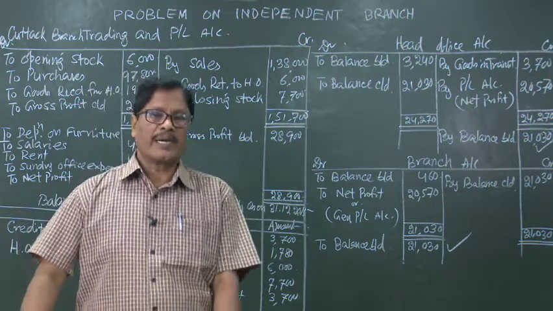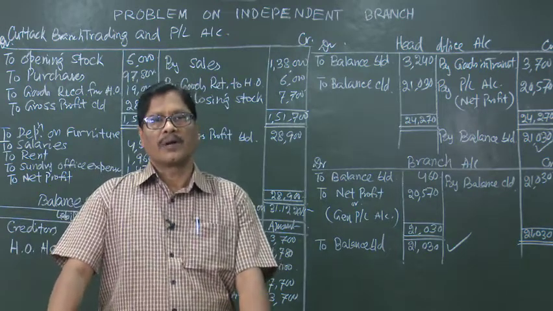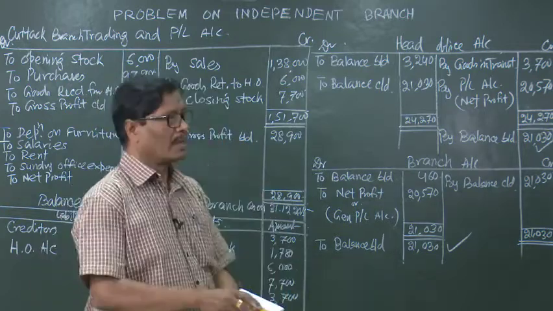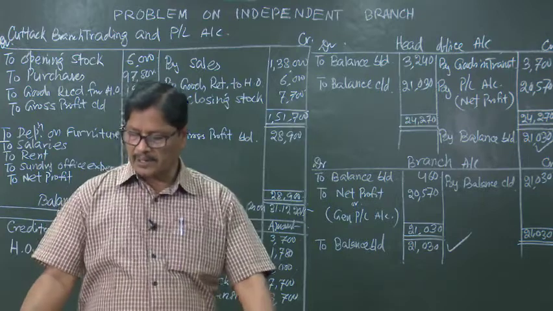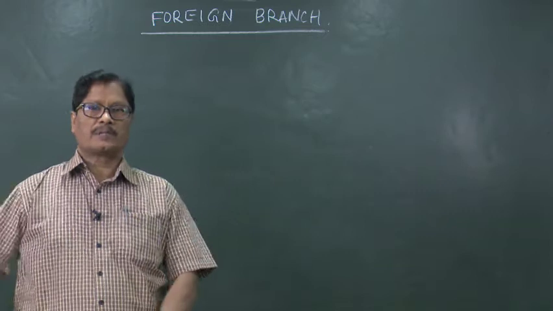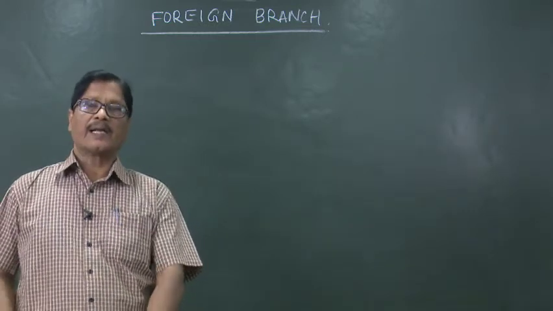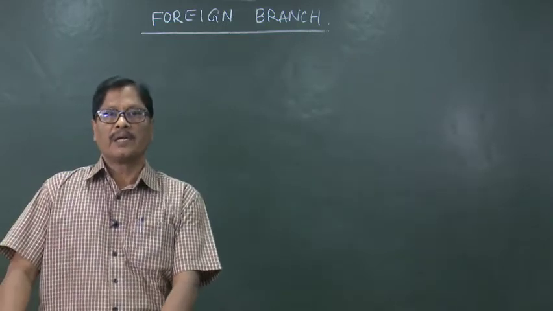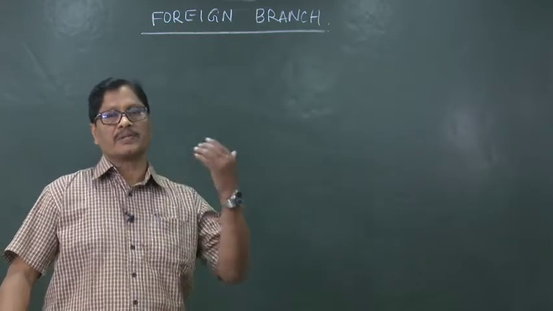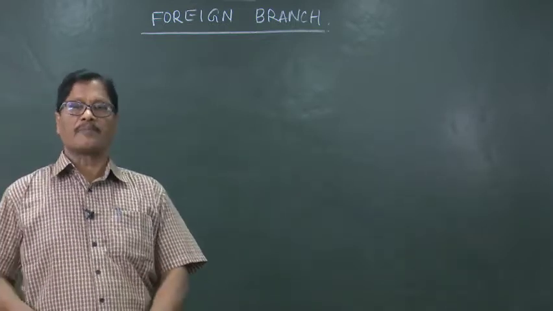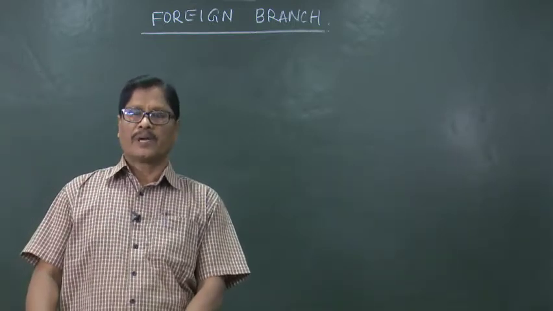Now, coming to the next type of branch, that is the foreign branch. We will be doing now the foreign branch and the accounting in the case of foreign branch. When the head office is situated in one country and the branch is in some other country, then that branch will be called a foreign branch.